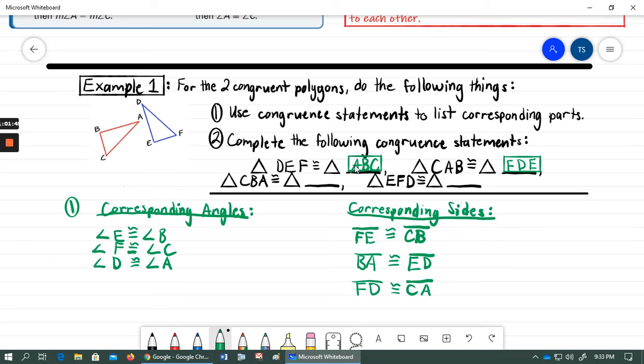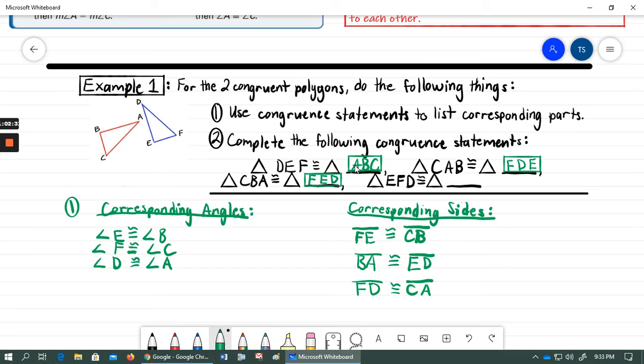All right, the next one, triangle CBA. If we had to complete that congruent statement, again, the part that goes with C is F, the part that goes with B is E, and the part that goes with A is D. So completing this congruent statement, triangle CBA is congruent to triangle FED.